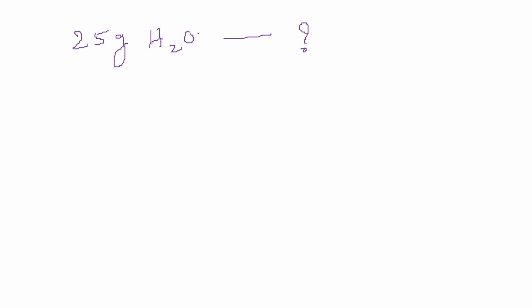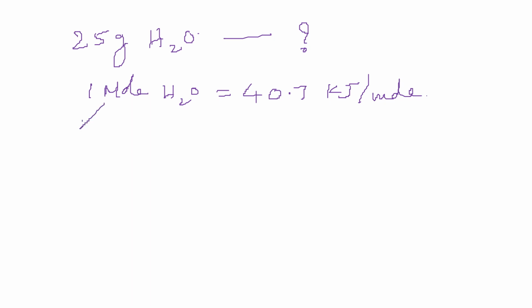Generally, you know that 1 mole of water requires 40.7 kilojoules per mole. So here 1 mole means how many grams? Generally 1 mole is equal to 18 grams of water.